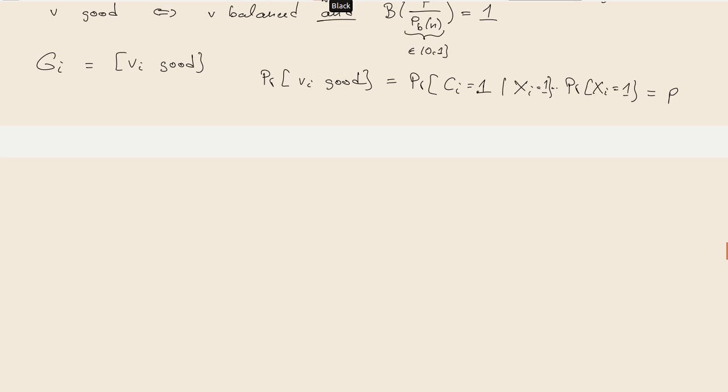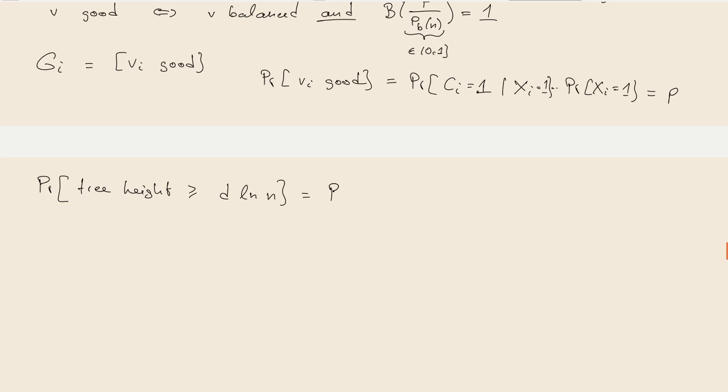So let's see how this together in the end yields the proof for our result that we are claiming. In the end, we want to say something about the height of this tree. Okay, we want to say the probability that this tree has height more than d times ln n is small enough, and we'll come back to that.